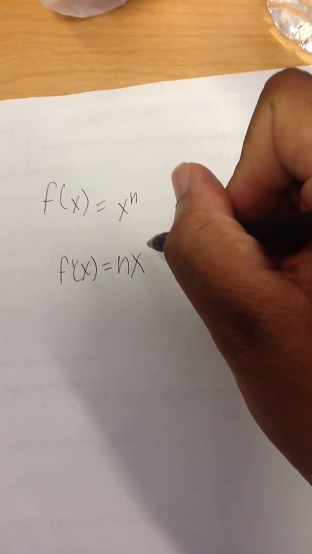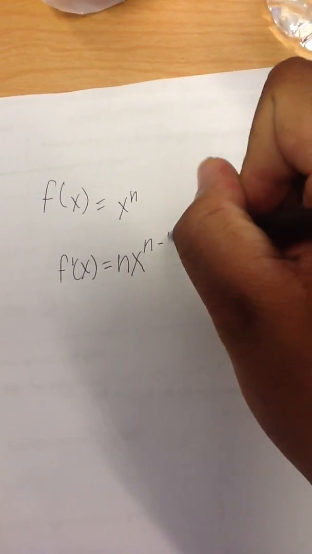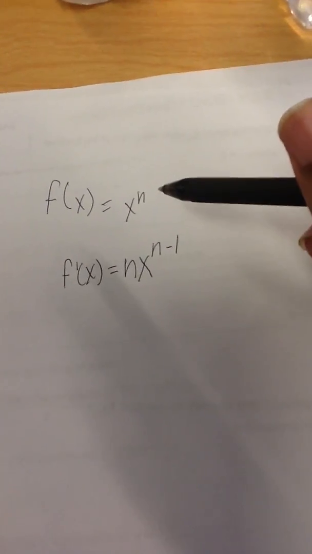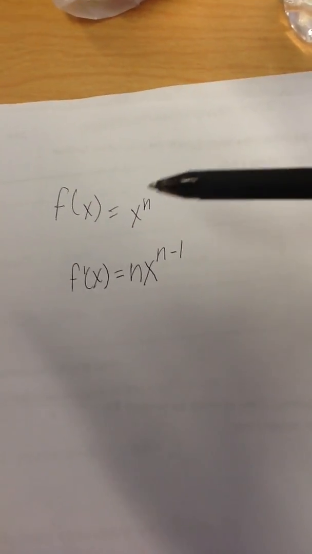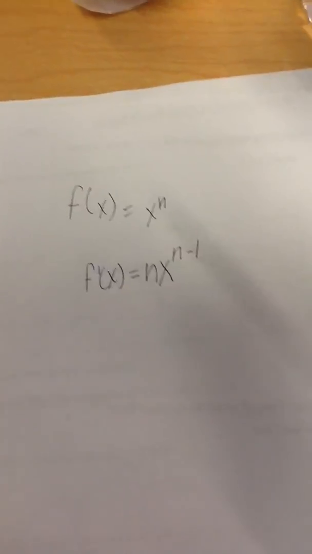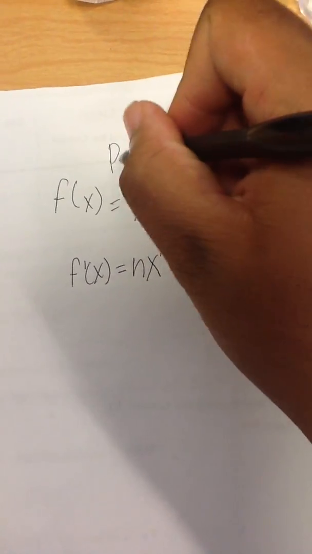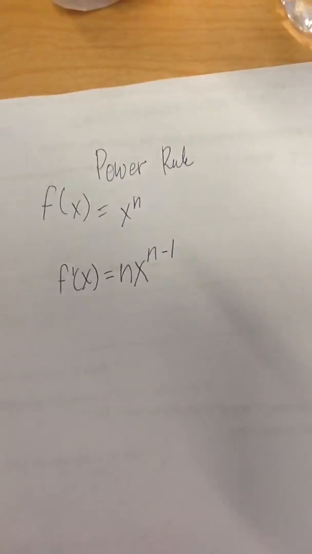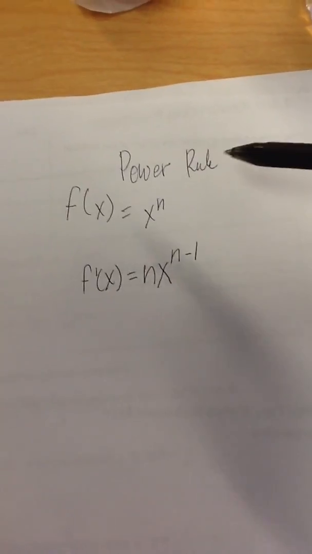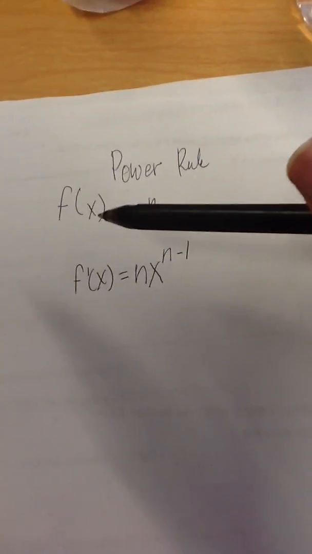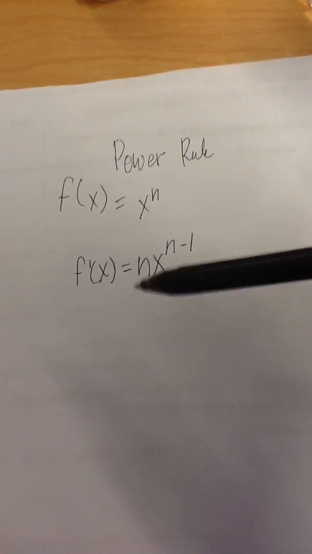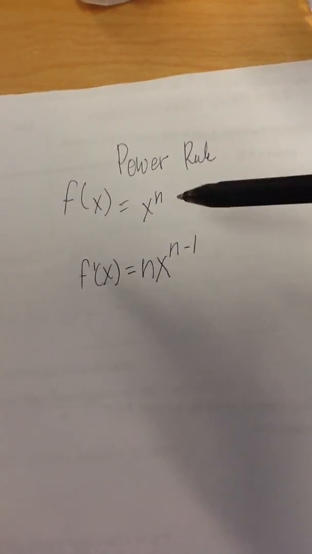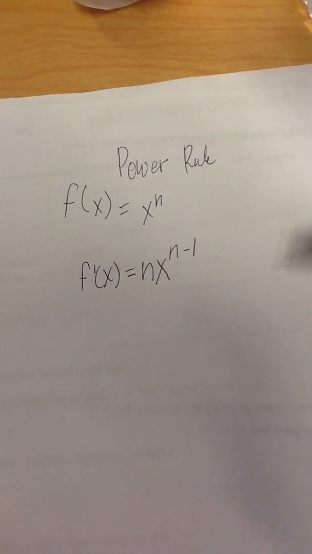And with the exponent, I'm supposed to subtract 1 from it. So this right here is the general rule for taking a derivative of x's that have some power, and we call this the power rule. So when x is to some power n, if that's f of x, then f prime of x is equal to n, that's the power, times x raised to the n minus 1. And that's the power rule.